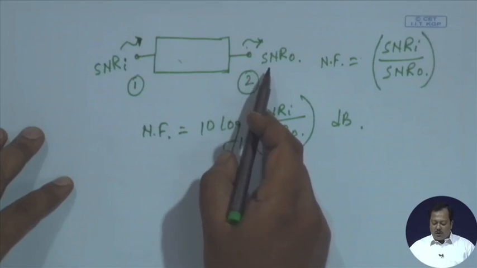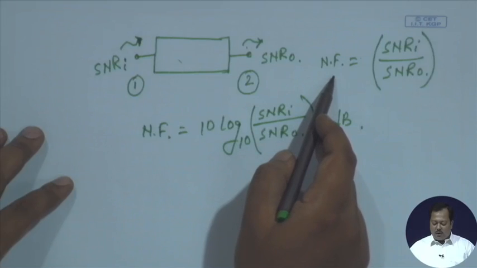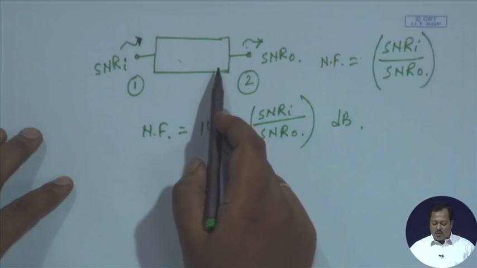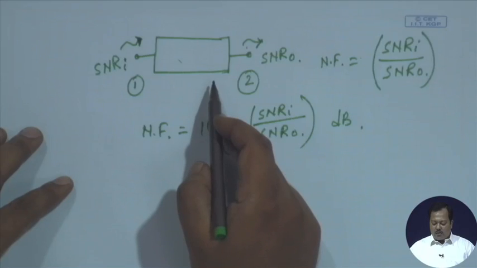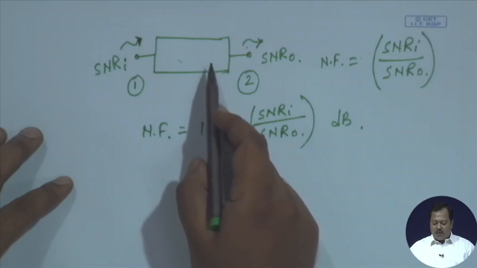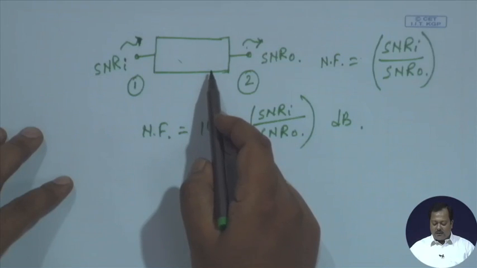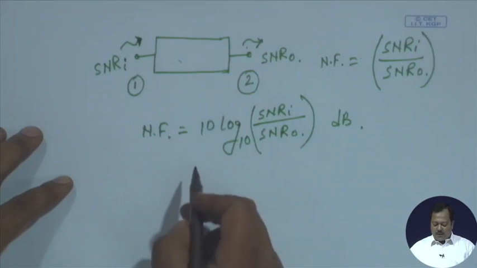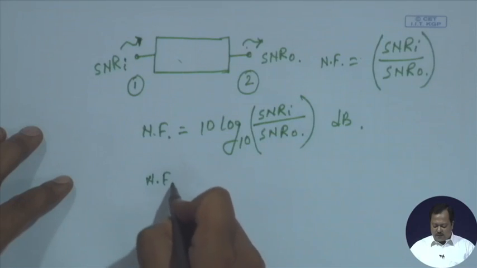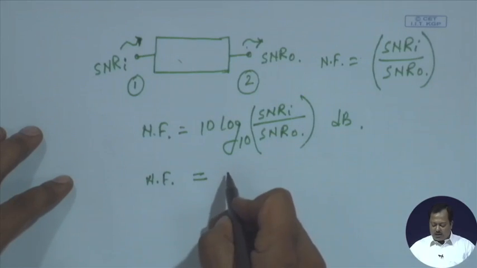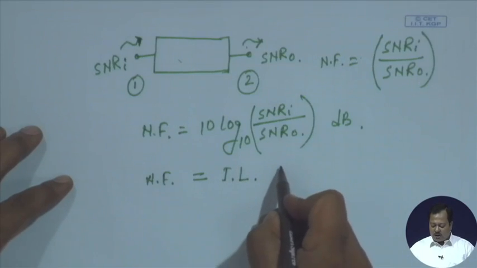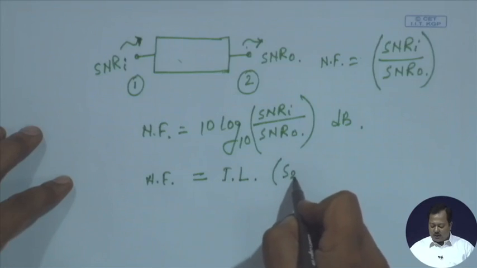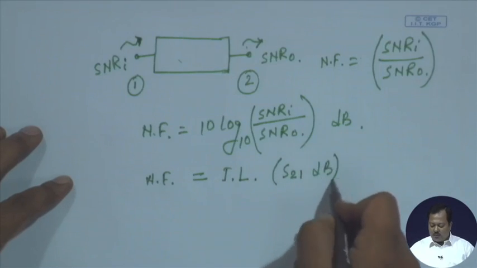At millimeter wave frequencies, this term noise figure is very popular. By this we can understand how noisy the component is. It may be any active component like a power amplifier, low noise amplifier, mixer, or it can be also any passive element like a filter or coupler. For passive elements, usually the noise figure is equal to the insertion loss of that component. Insertion loss is nothing but S21 in dB.